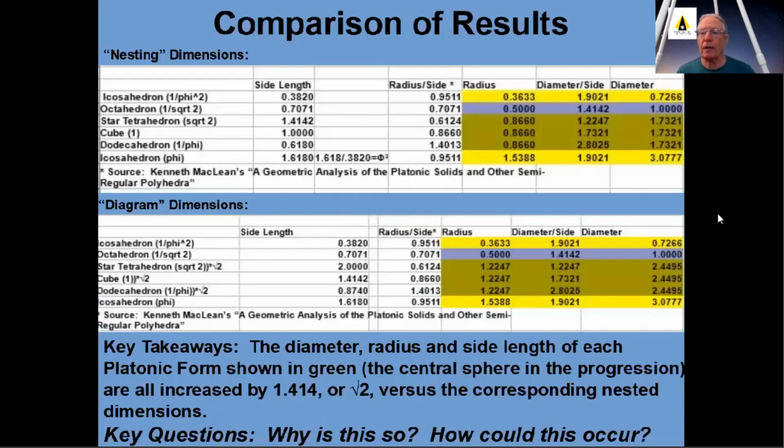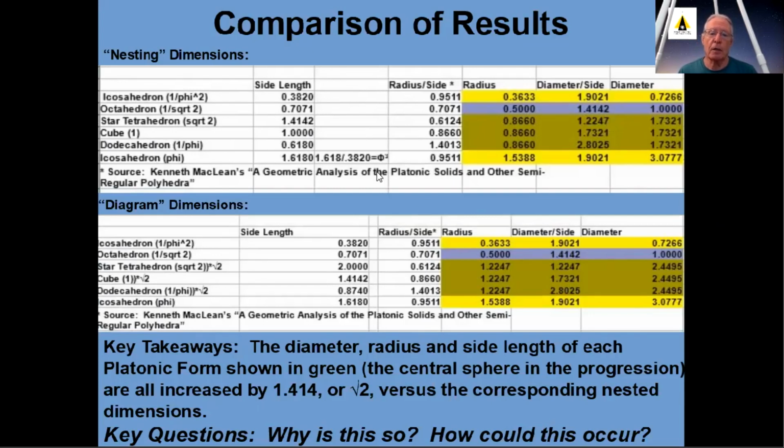So with that said, I'm going to start by doing the same process that I did with the nested dimensions, which are shown above. I want to figure out the dimensions of the forms when I take the radius of each of these forms presented in the diagram, and see what shows up as differences. And there are differences, and that's the key reason for doing this.